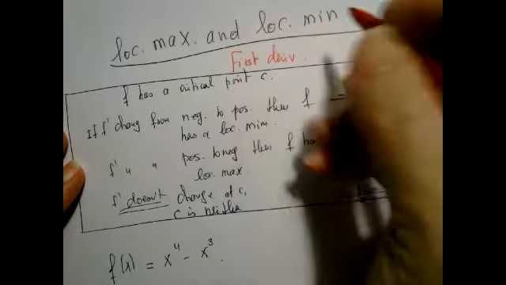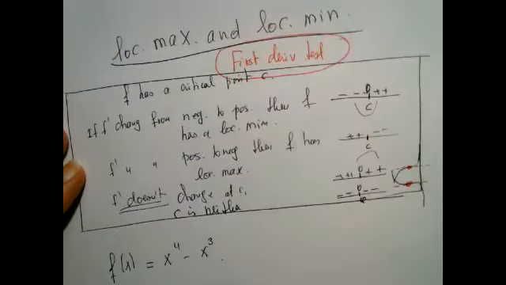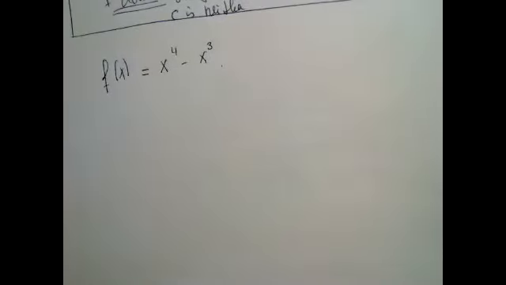This is the first derivative test for local max and local min. So for each critical point, use the first derivative test to decide if it's a local max, a local min, or neither.